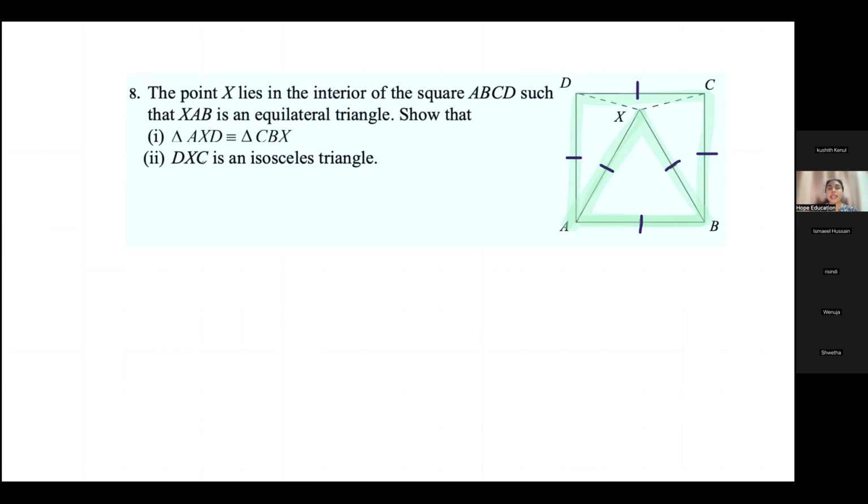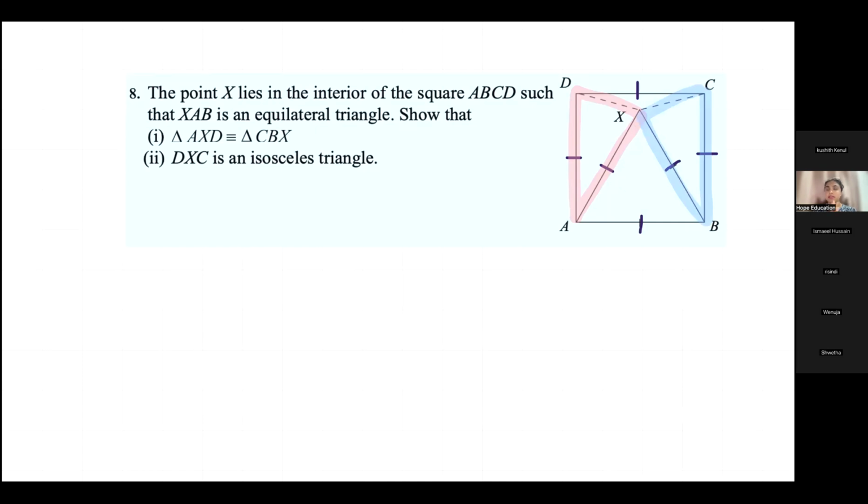Question number 1: we have to prove that AXD and CBX are congruent. Let me mark these two triangles. AXD is this one. CBX is this one. What are the common elements between these two?